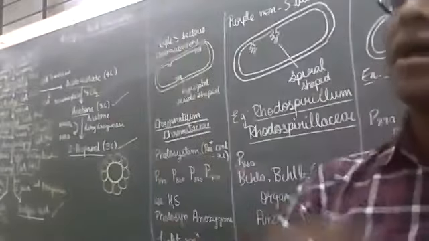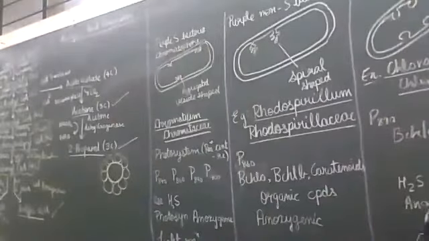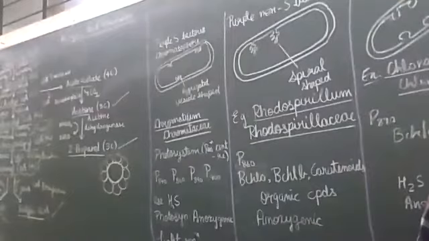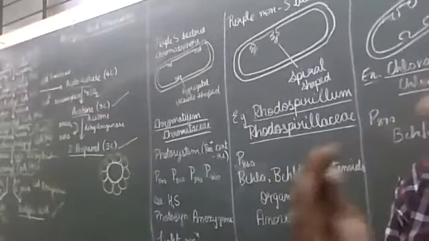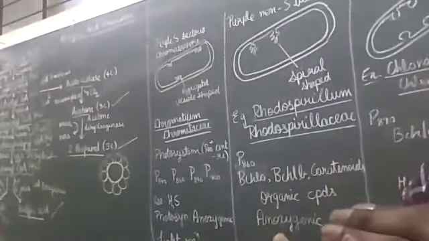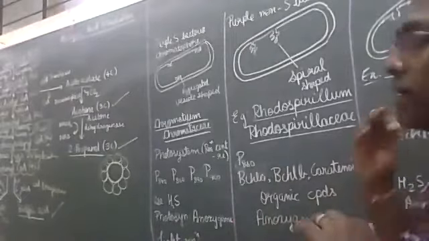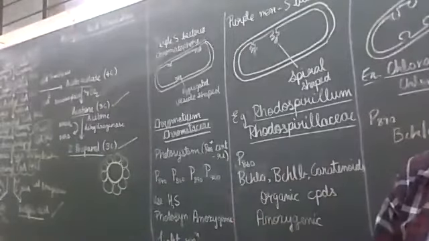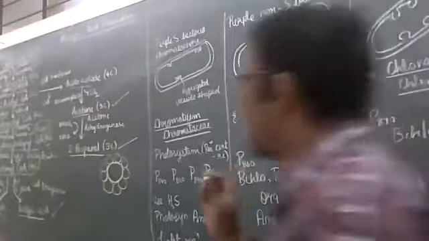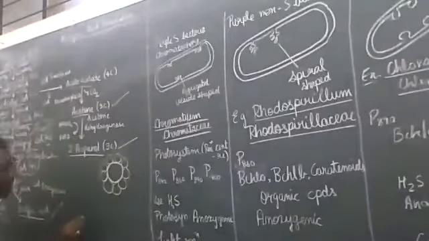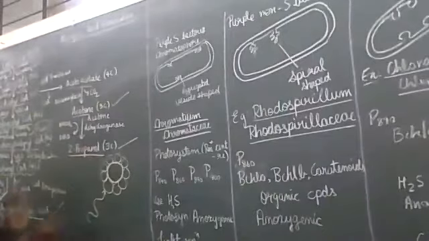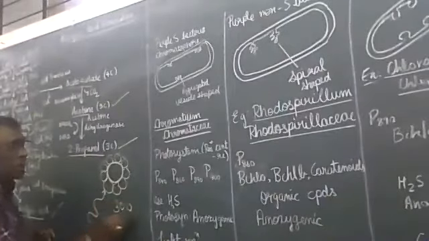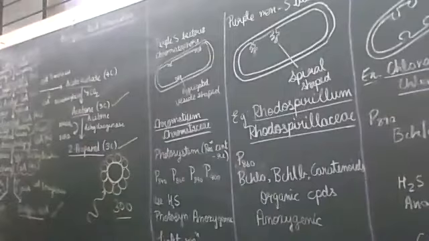Surrounding it are the accessory pigments. You have heard the word light harvesting complex, LHC and all, isn't it? The carotenoids and xanthophylls are light harvesting molecules. What happens in general is that the light will fall on the surrounding pigments. Around 300 molecules will be there, not one or two, completely covering.